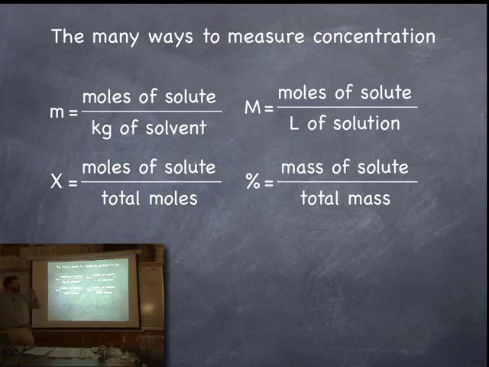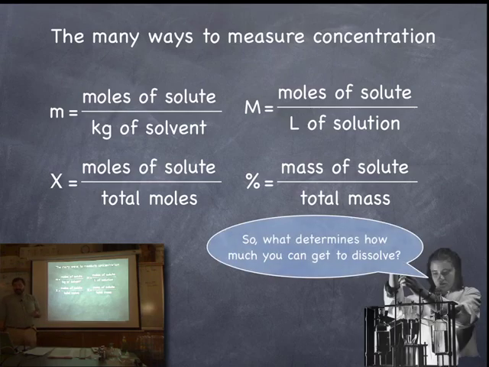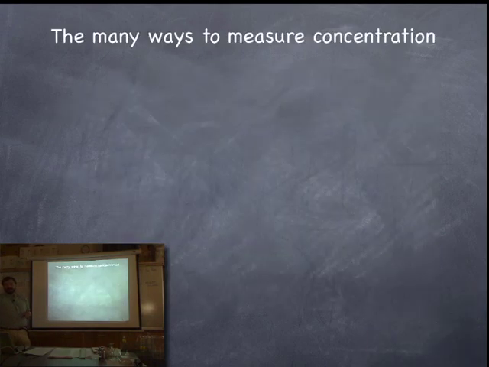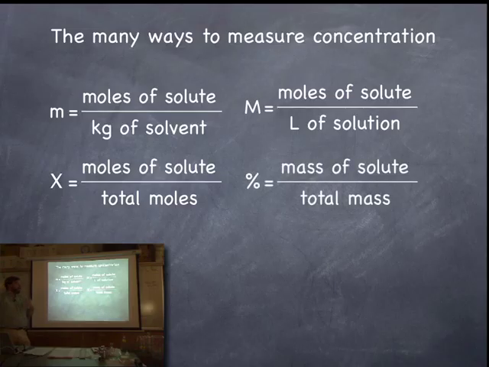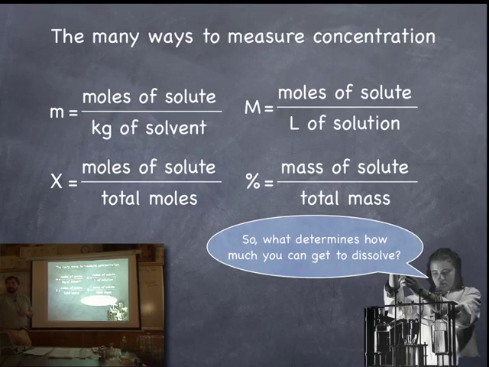So the question that all of these measures beg, and they are all useful in different contexts, is how much of one thing can you get to dissolve into another? Okay? What is the maximum concentration that you can get? Okay? How much sugar can we get to dissolve into our water?